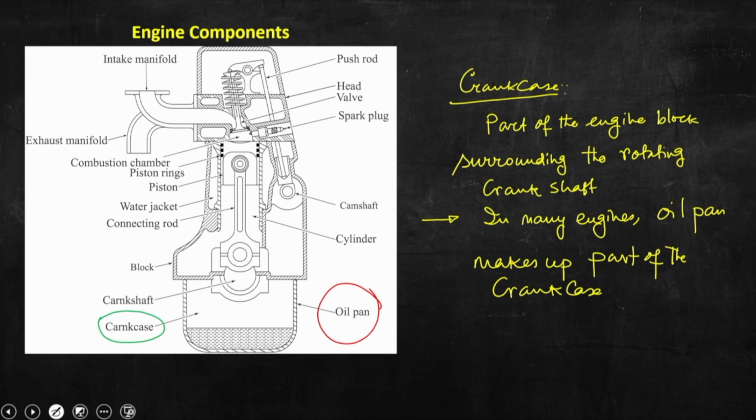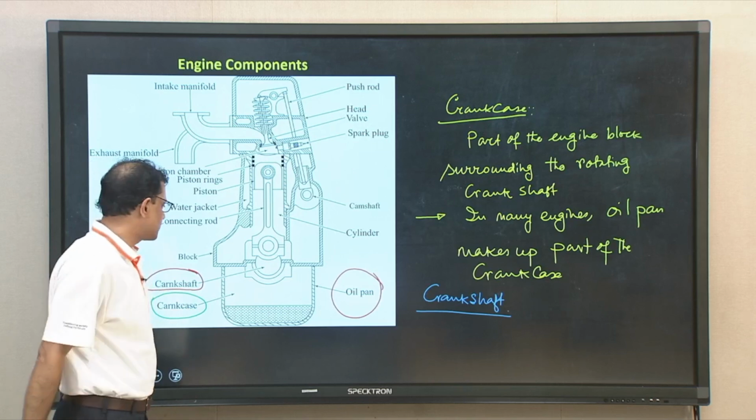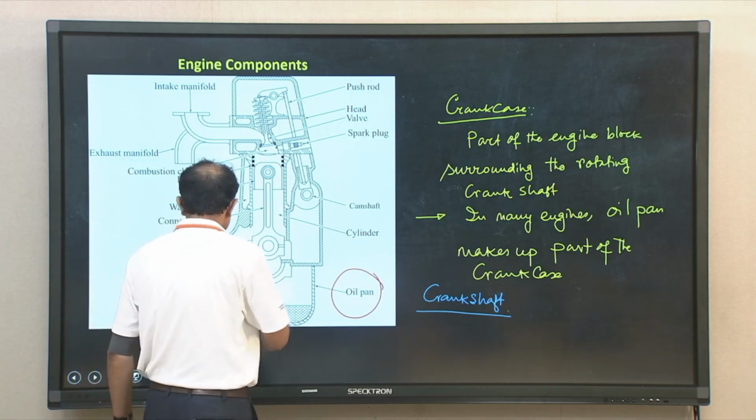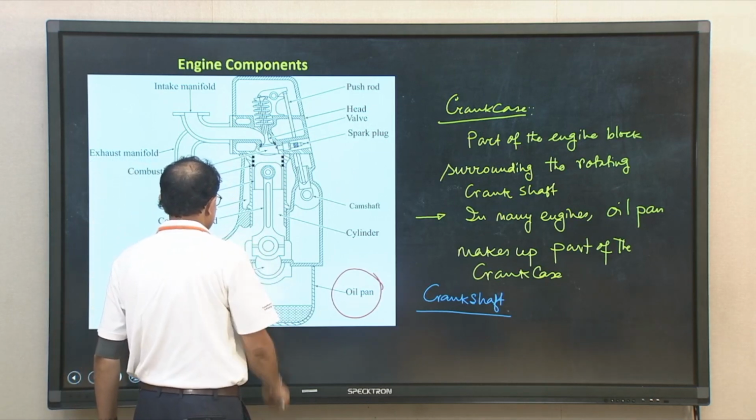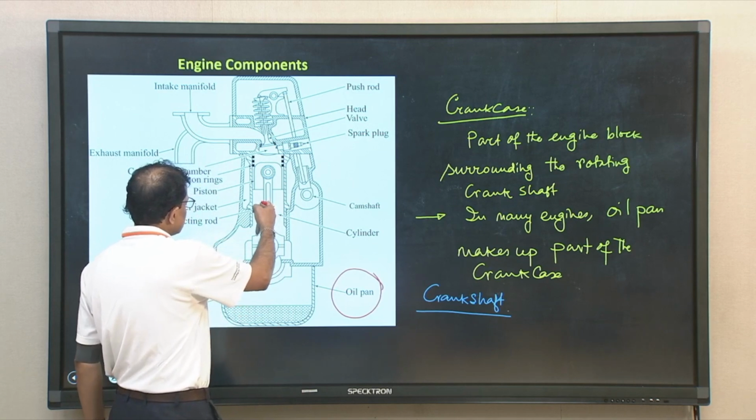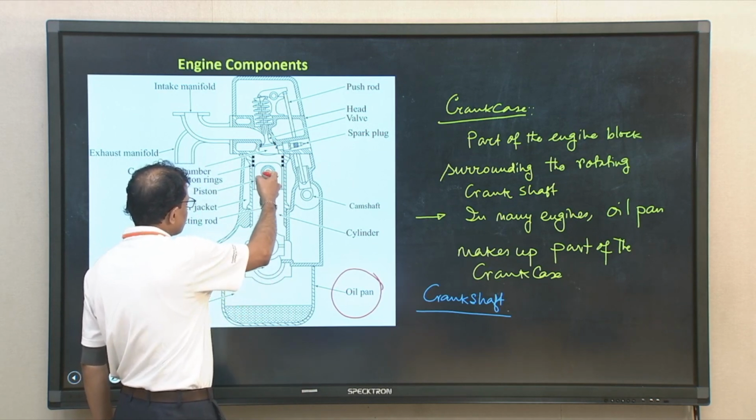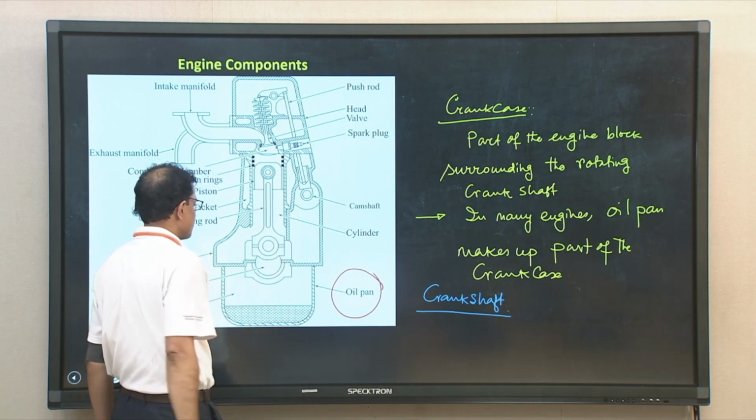Okay. Then is the crankshaft. The next component that we should now look at is the crankshaft. So, let us write here. So, it is also a rotating shaft, and you can say that this connecting rod is used to connect the piston with the crankshaft.